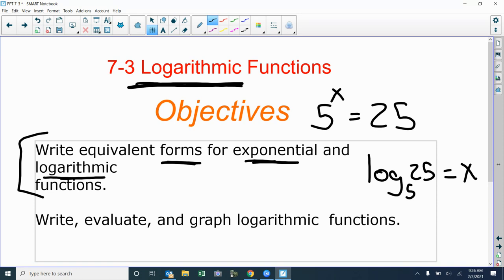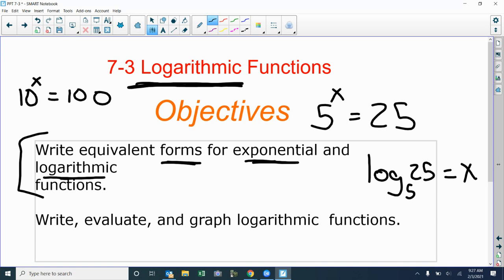So in algebra, we're adding a lot more letters now. If you have your calculator handy, there's a LOG button. That's our log, our base 10. It'll do all base 10s for us. For example, 10 to what power equals 100?